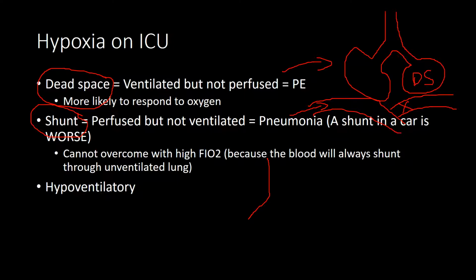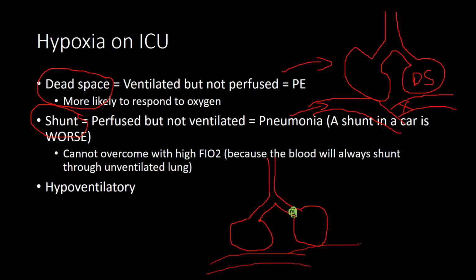But with shunt, what you have is, I wish I had my pen. With shunt, you've got some awful pneumonia going on in here, and so the blood still can come past, but there's no oxygen in here.